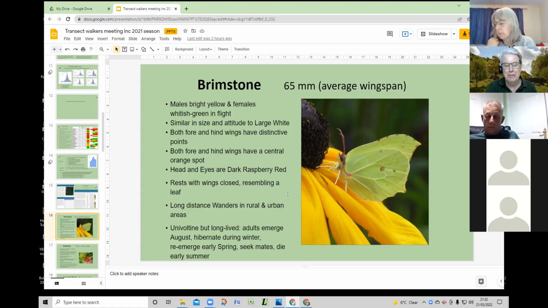And you know, brimstone, it's very easy when it's a bright yellow male, but life gets difficult with the females because females are basically white. And it's a similar size to large whites. And I think when I was taught, because Terry Crawford, I think, might be with us, but Terry, and this is actually Terry's slide, and thank you very much, Terry, for allowing the branch to use your presentation.